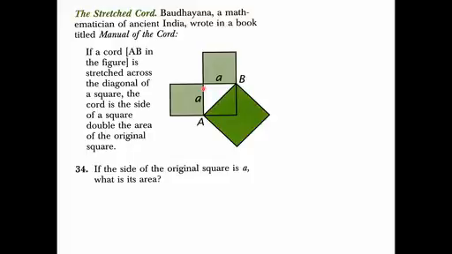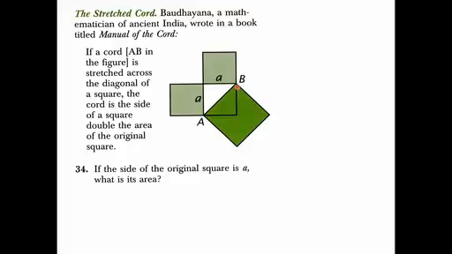He says if you stretch a chord across the diagonal of a square, which he's done, AB, the chord AB is the side of a square, that would be this dark green one, double the area of the original square. So he's suggesting that this dark green square is double this original square.